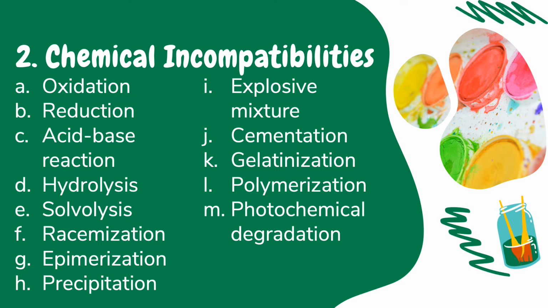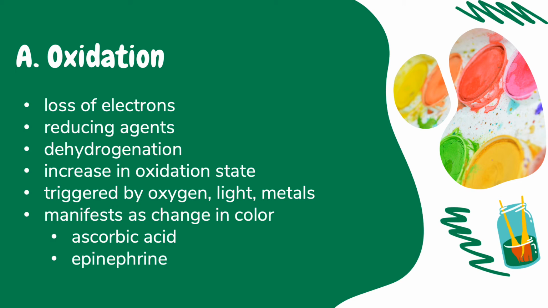So, oxidation. Oxidation is the loss of electrons, and it is a reducing agent. It also undergoes the process of dehydrogenation, and it can increase in oxidation state and be triggered by light and metals. It manifests as change in color.